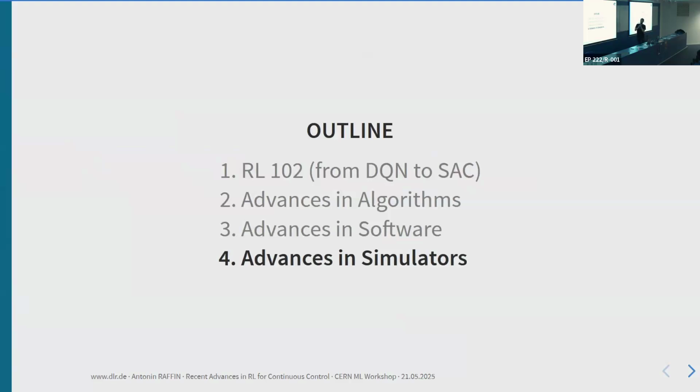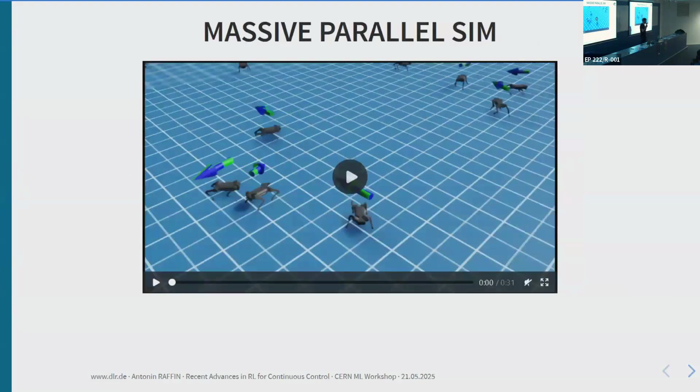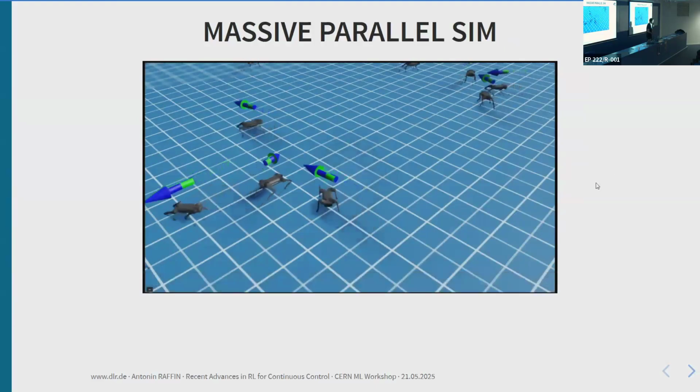So I presented some advances in algorithms on top of the SAC algorithm. I presented quick advances in software that go well with advances in algorithms. And I want to finish with simulators. If you've been around in the last 2-3 years, you might have heard of massively parallel simulation.